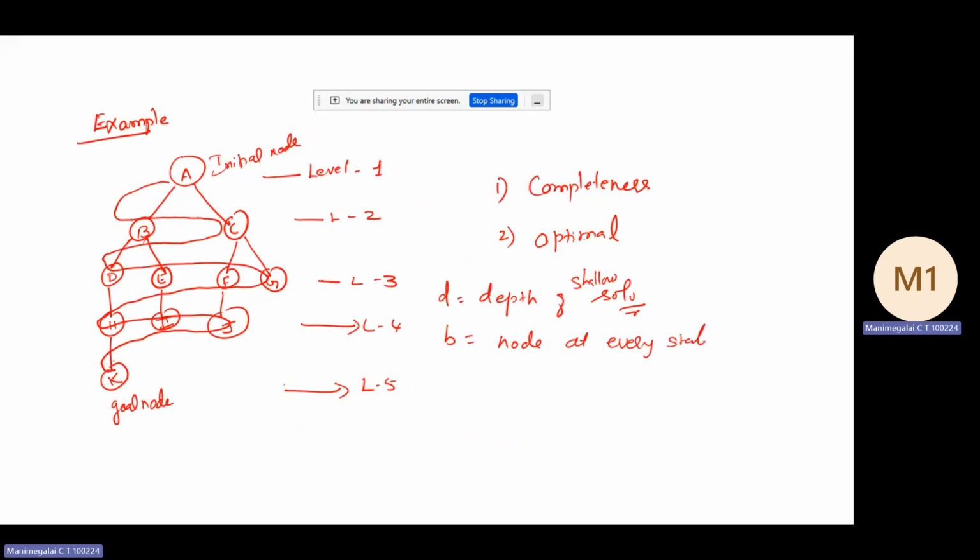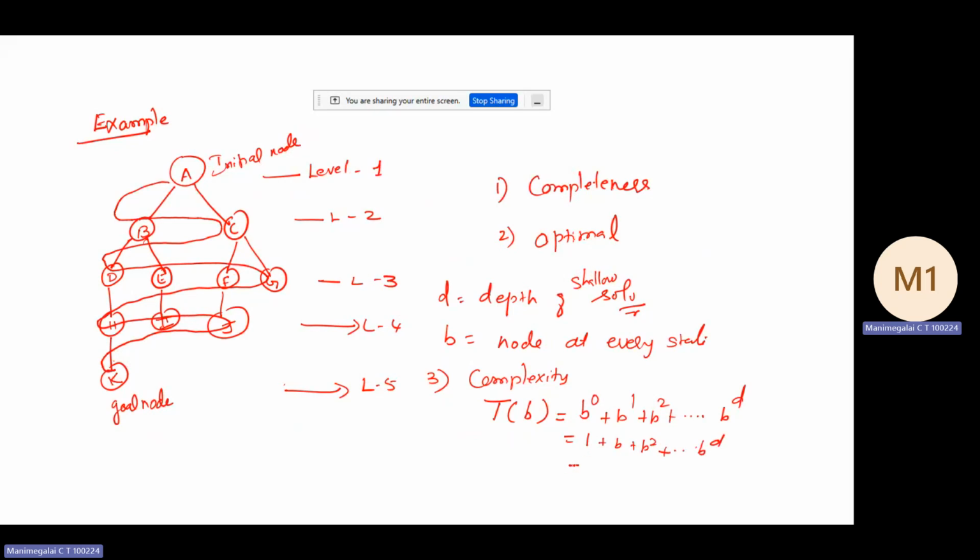Every state you have to check the node. So to find the third one, the time complexity is represented by T of B, which will be equal to B power 0 plus B power 1, B power 2, going on up to B power D. So B power 0 is 1 plus B square, going on to B power D.